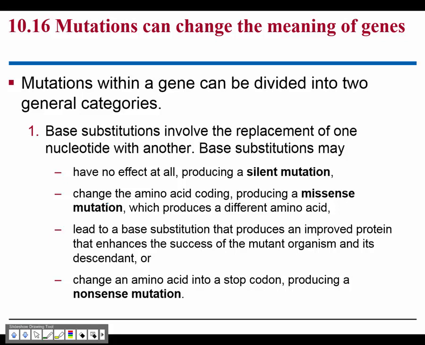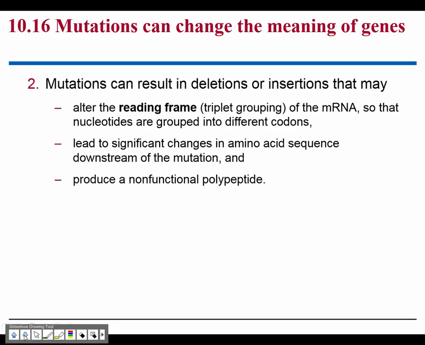So a lot of people think mutations are all going to be bad, but they're not always bad, and occasionally they are very helpful. Sometimes we get lots of mutations and they don't really change anything because of the different codons coding for the same amino acid. So they can change an amino acid into a stop codon, producing a nonsense mutation.